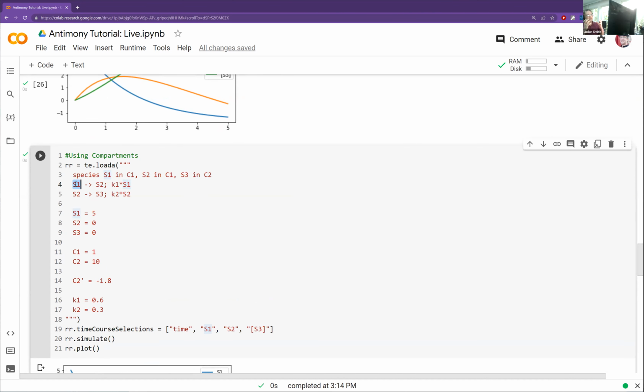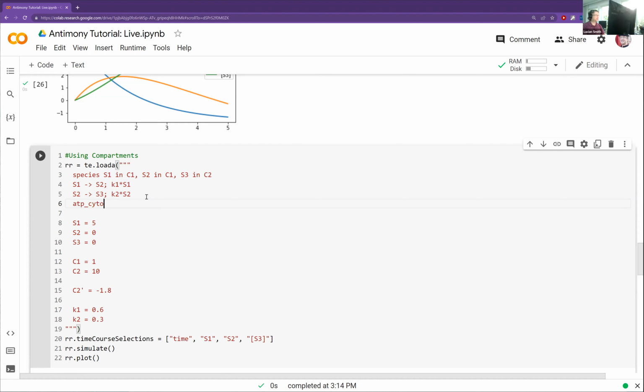And if you have transport, then you would say ATP cyto goes to ATP nuke at a certain transportation rate, k trans times ATP cyto or something. Or maybe at the level at which you are working, there's just a transport reaction that doesn't really care how much there is, and it will just pump everything from the cytoplasm into the nucleus.